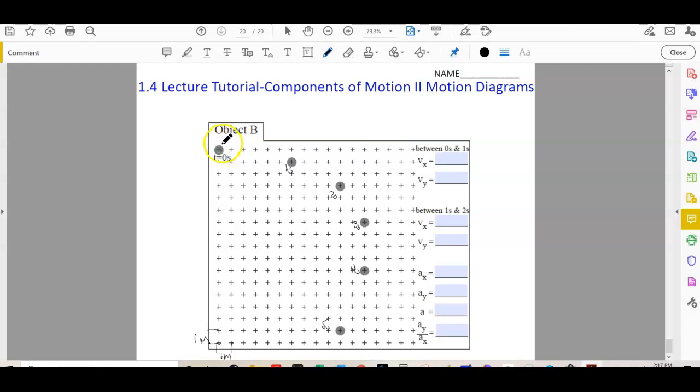Alright, hopefully you paused the video and you've written those overall velocity vectors. So I'm going to use the actual vector drawing tool.